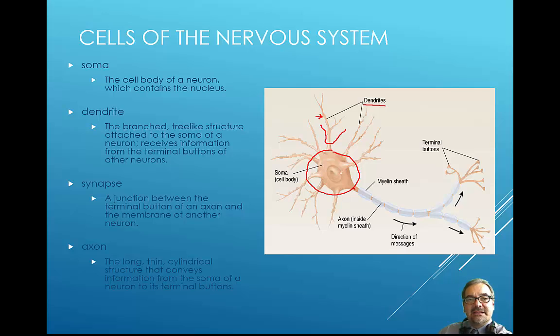soma acts as the place where the integration of signals, whether they're inhibitory or excitatory, and whether they're modulatory, takes place. This is where a lot of the integration of information happens, at a very specific area, the junction between the soma and the axon, an area called the axon hillock.